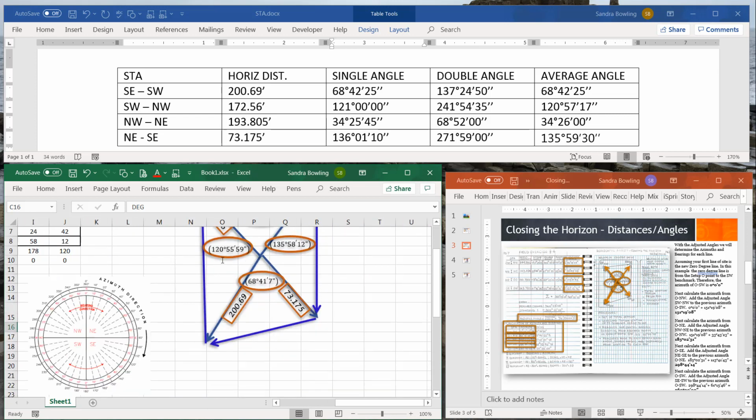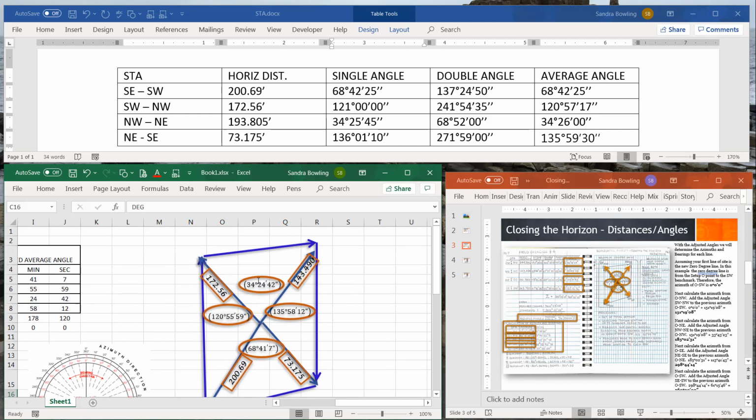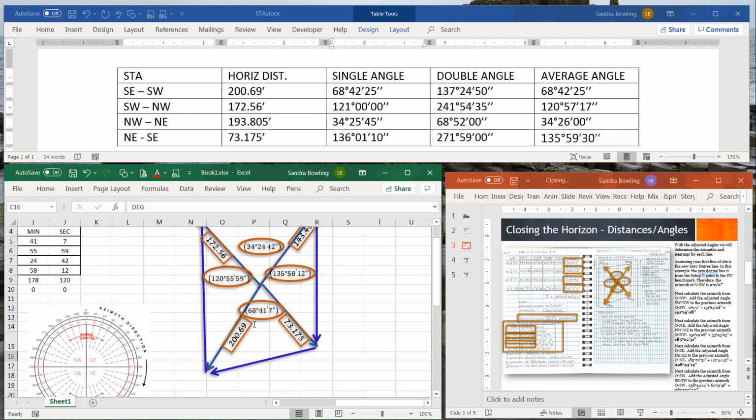So I'm going to look at the angles and say, if this is a 0 line right here, my first azimuth is 120, and then I'm going to add 34 and change, then add 135 degrees, 58 minutes and 12 seconds, and then I'll add 68 degrees, 41 minutes and 7 seconds.